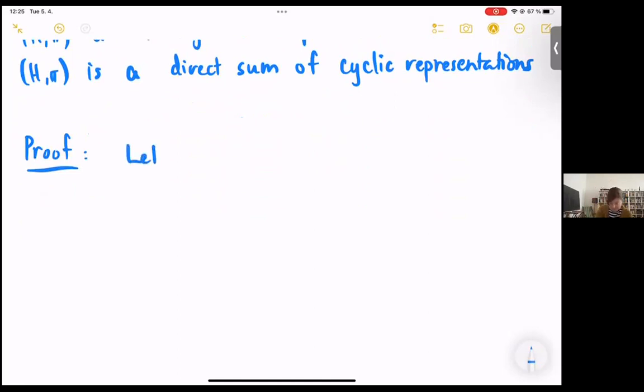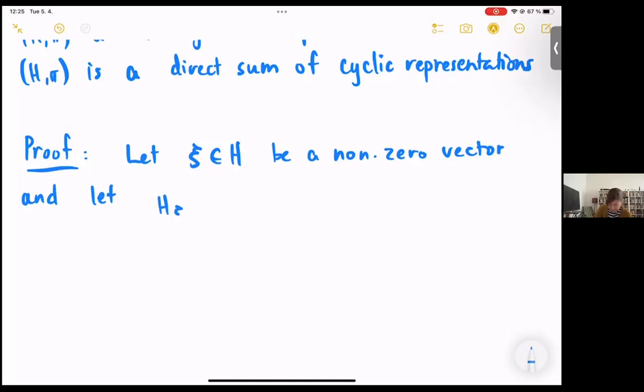Well, just take some non-zero vector psi in H, and we can look at the subspace of H that is generated by the orbit of psi under the representation. By that, I just mean that we take pi(a) applied to psi, and take the closed linear span of such guys.